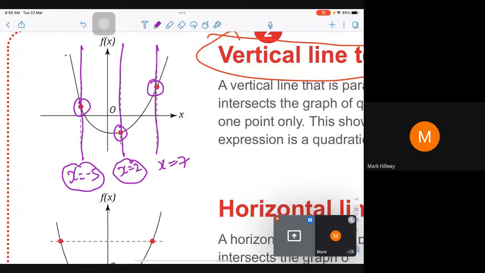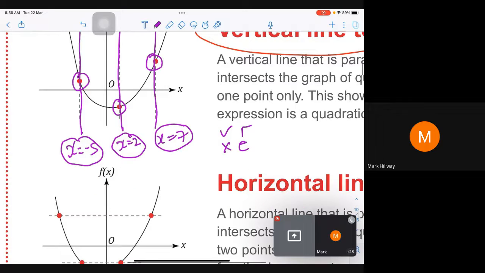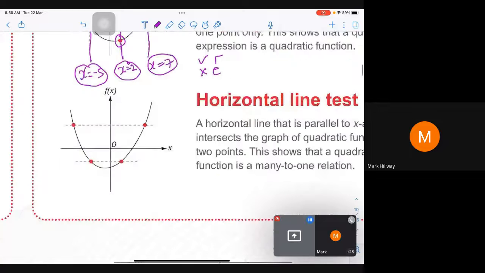Am I right? If yes, reply me R. If not, reply me E.